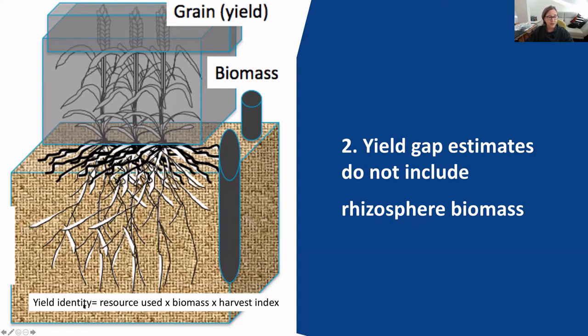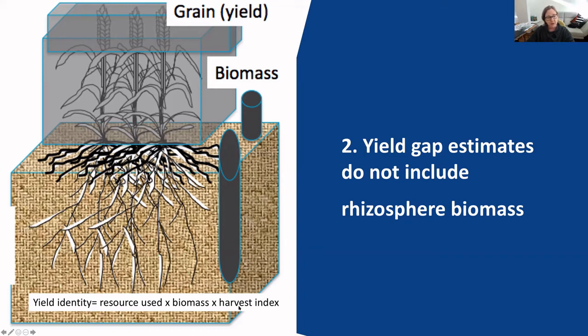And these components have been pulled together in what's known as a yield identity. So yield is a function of the particular resource that's used by the crop, the biomass that's generated by the crop, times the harvest index, the allocation of the biomass to the grain.